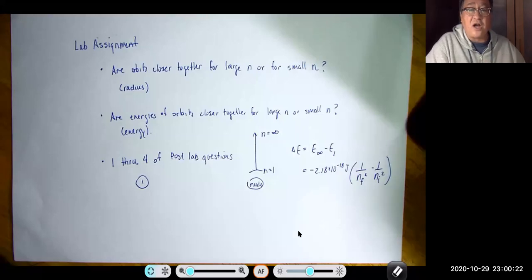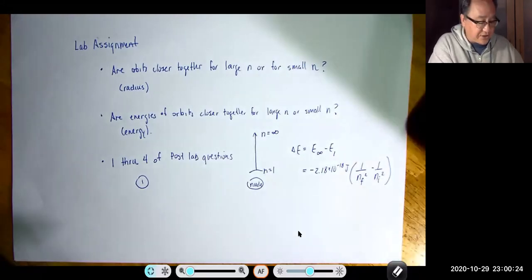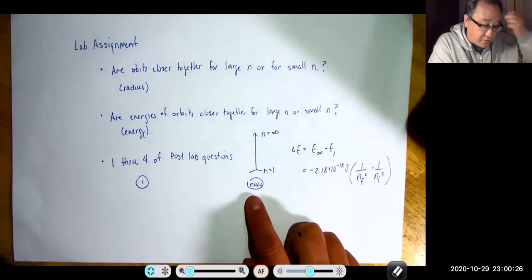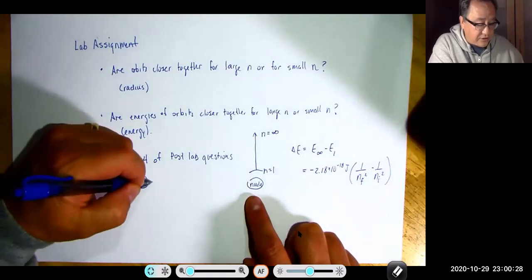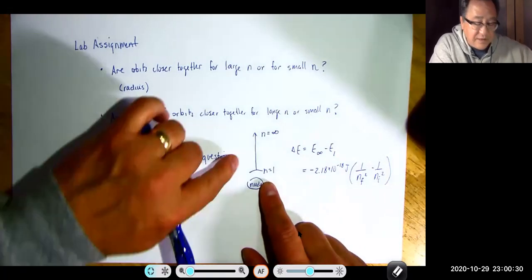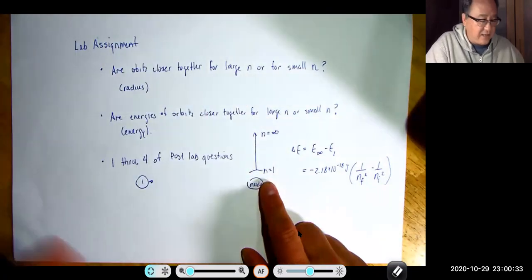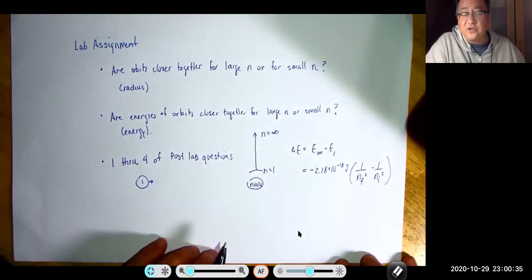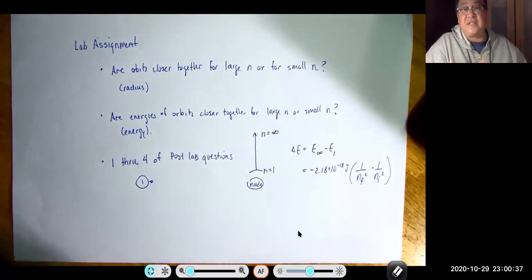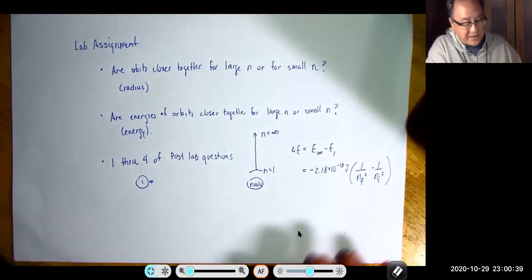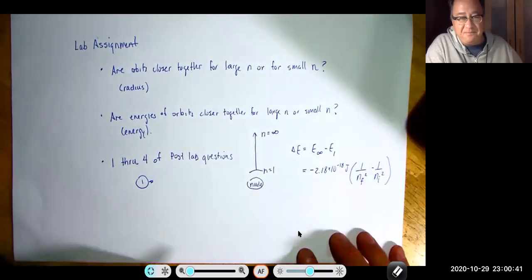So while I was talking there and you were looking at that question, this is what we're looking at for question number 1. If you're in the first orbit and we remove the electron completely, we would say that the nth orbit that we put it into is the infinitieth orbit, because that means it's not associated with the nucleus anymore. It's gone.